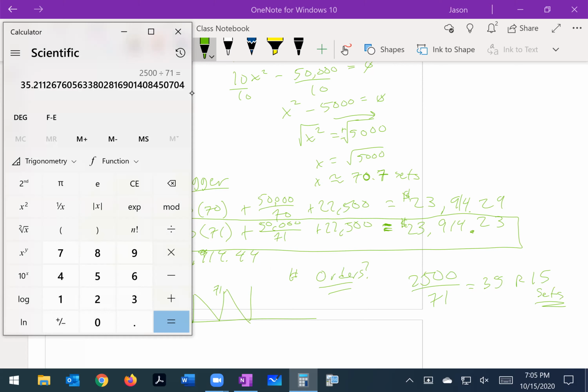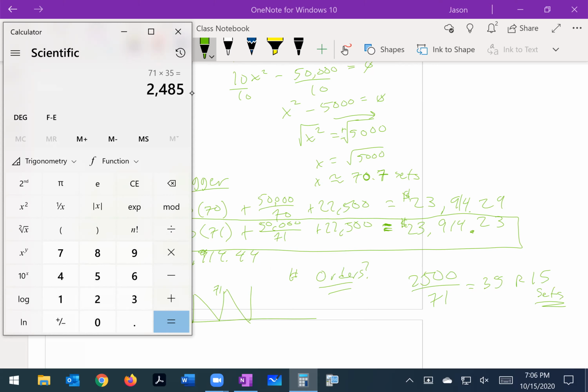So what is the remainder? Let's do 71 times 35.